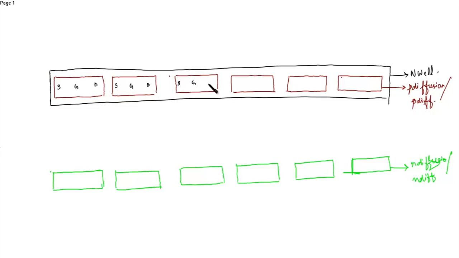Source, gate, drain. Source, gate and drain.